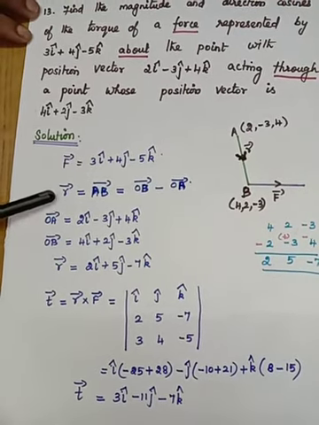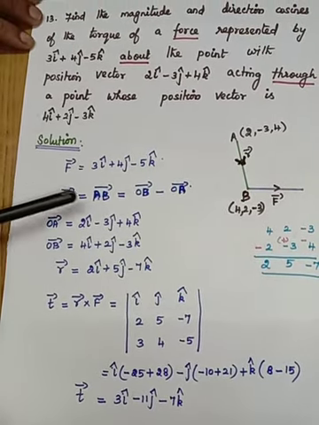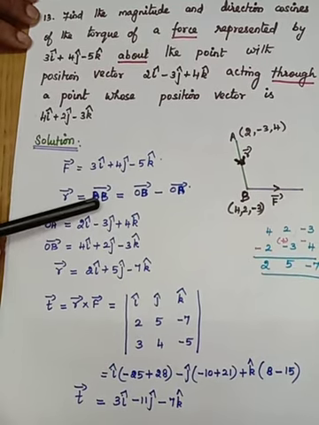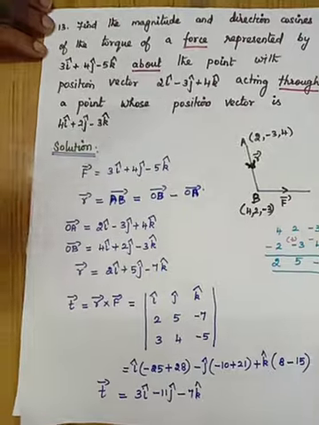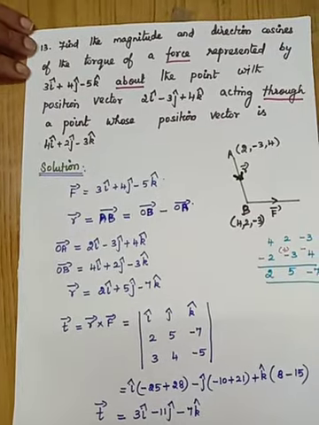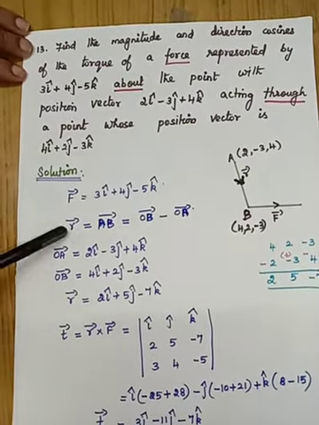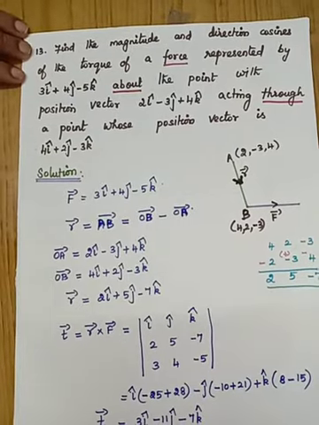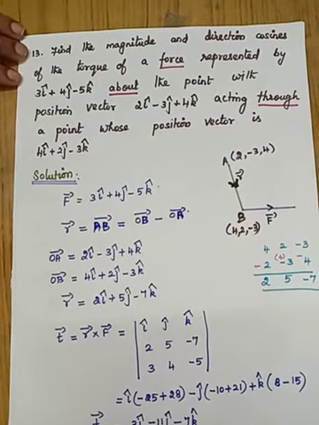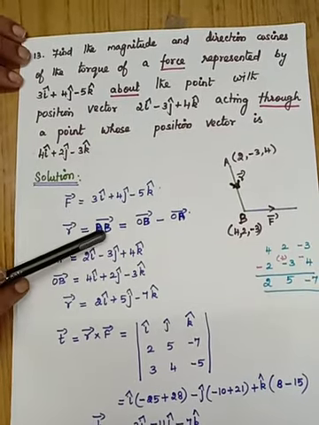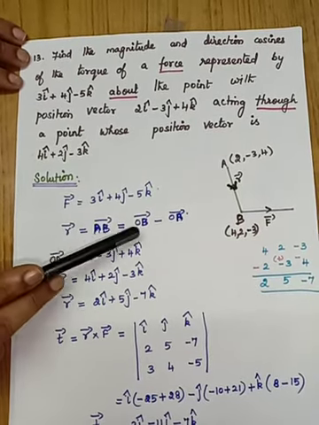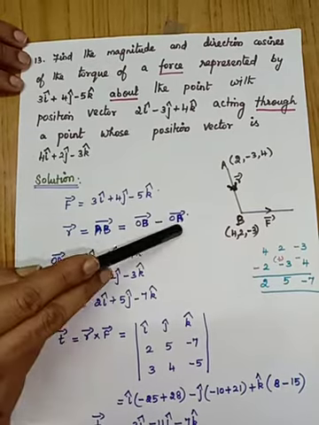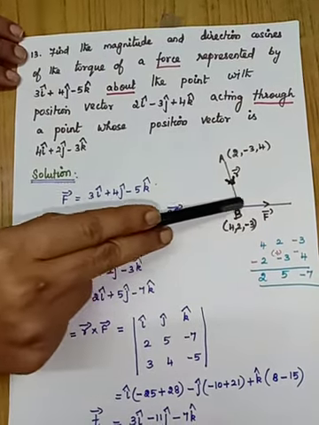Next you have to find R vector. So R vector is nothing but AB vector. That is, otherwise we can say through the point minus about the point. Using position vector, how is the AB vector found? OB vector minus OA vector. So B is which point?